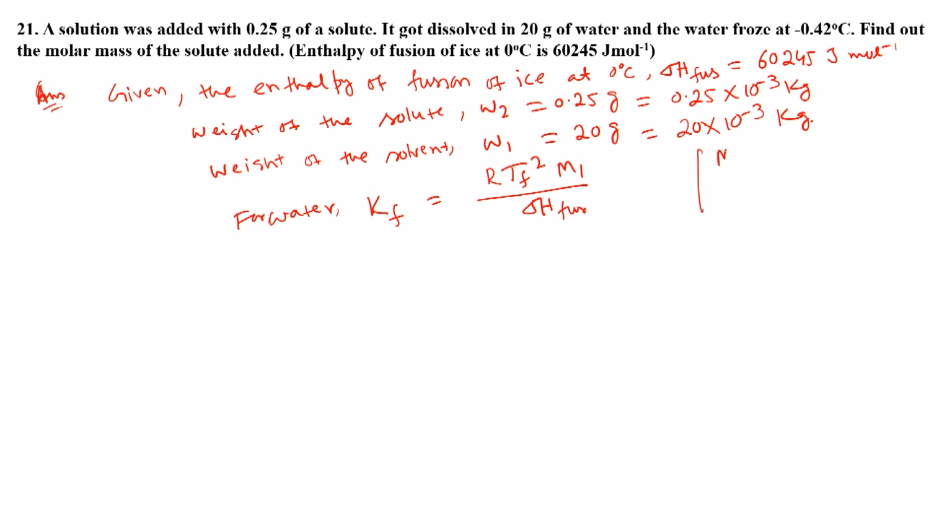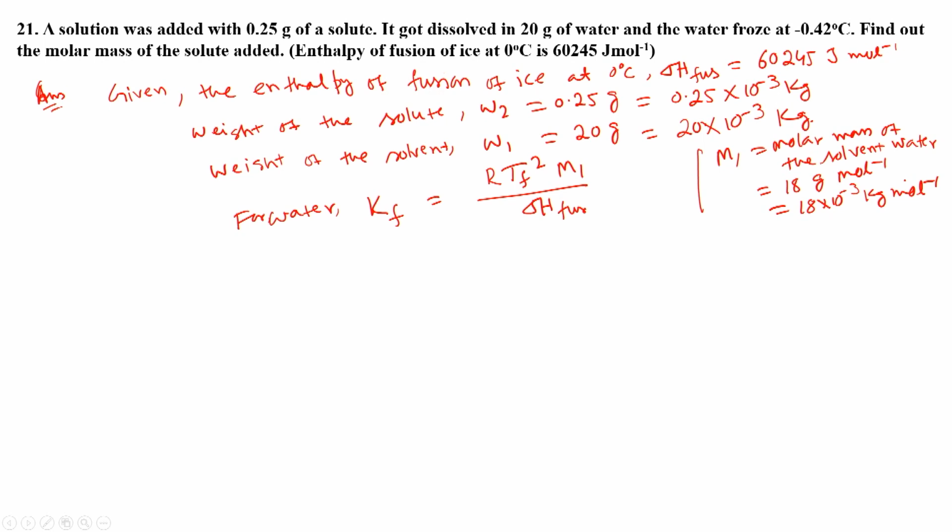Where M1 is the molar mass of the solvent, water, and it is 18 gram per mole. So 18 times 10 to the minus 3 kg mole inverse.